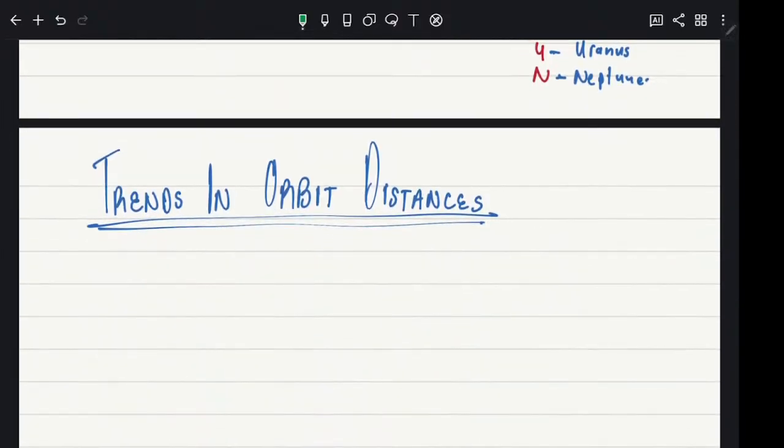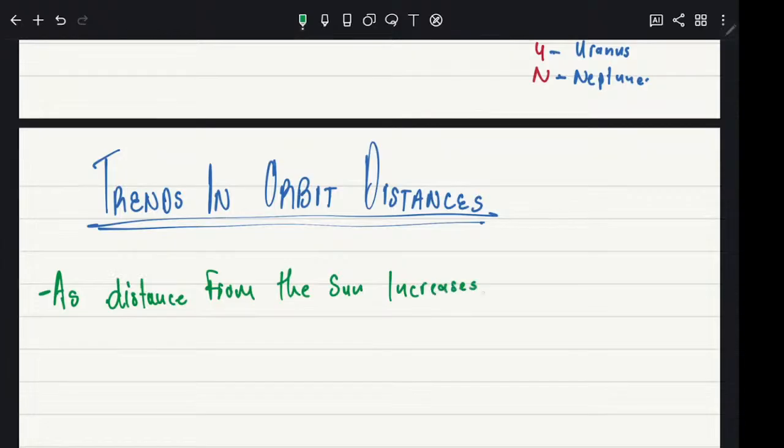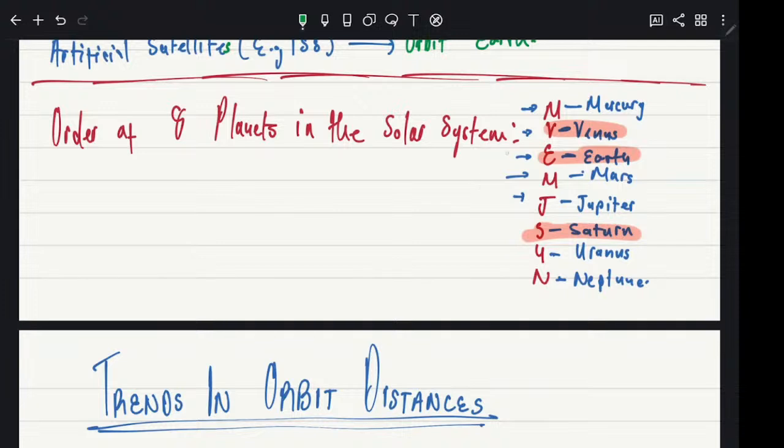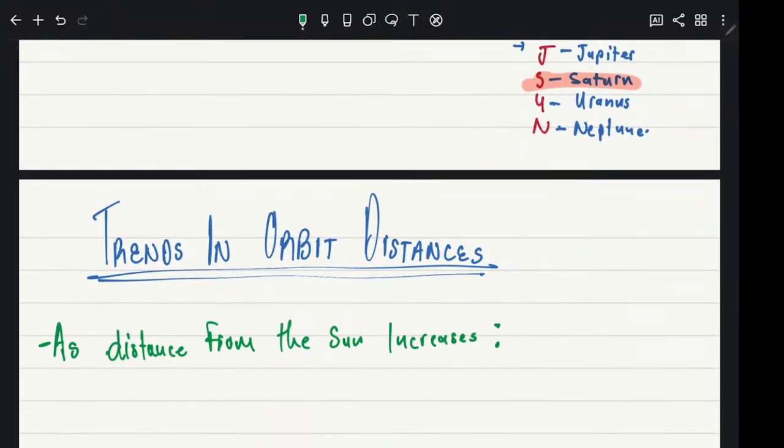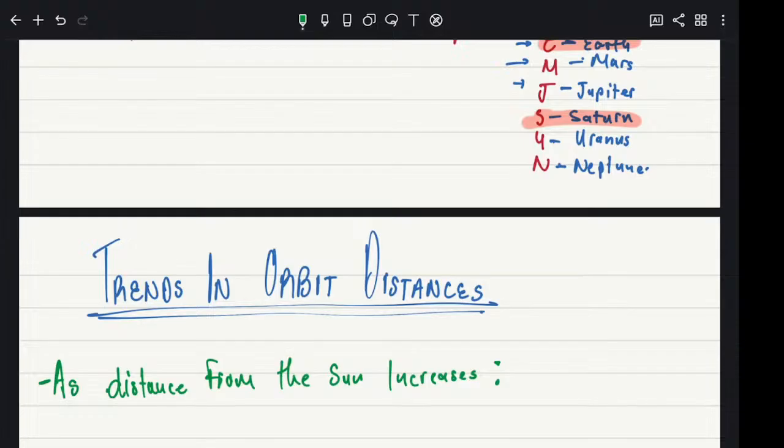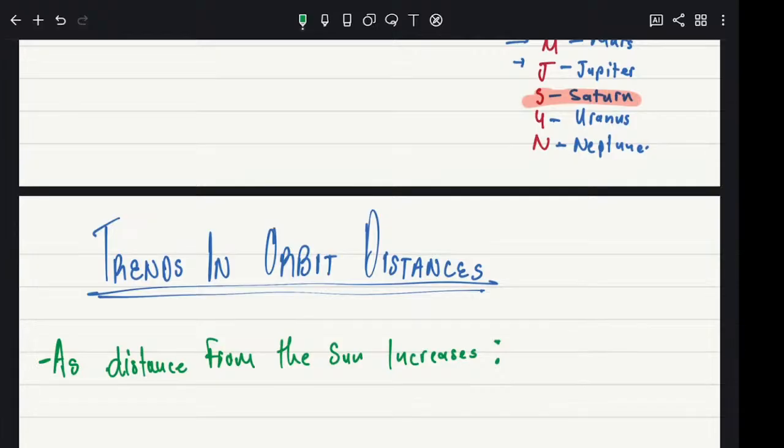Let's put some main trends. As distance from the sun increases, in other words, as we go down like this, Mercury, Venus, Earth, Mars, Jupiter, Saturn, Uranus, Neptune, what do we expect to see? The distance from the sun is increasing.